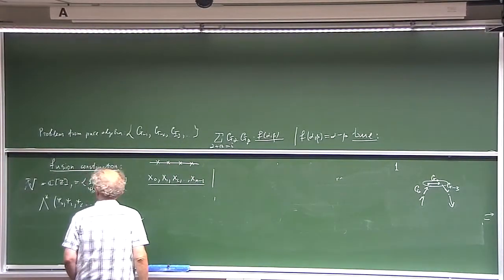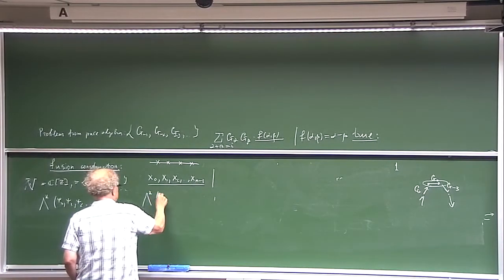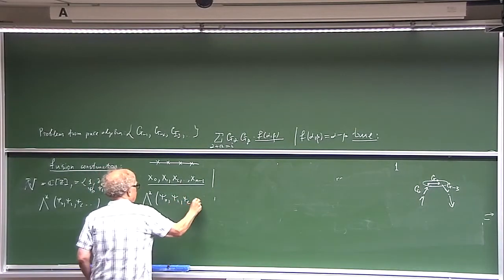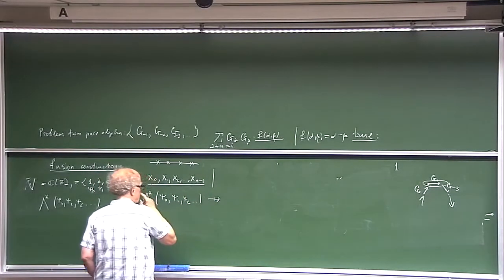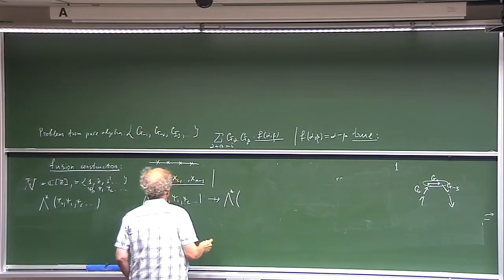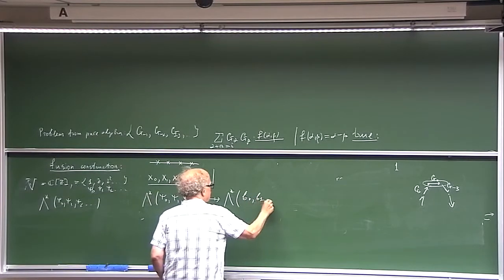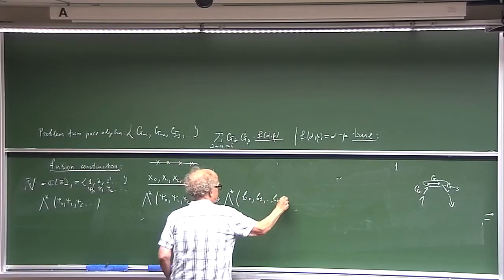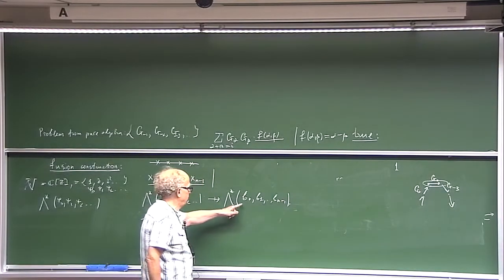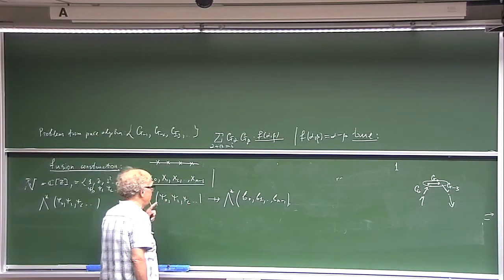First of all, I want to say that the Grassmannian algebra psi0, psi1, psi2, and so on goes to the exterior algebra of some generators B0, B1, and so on, B n minus 1.